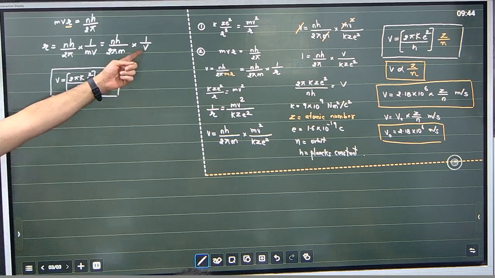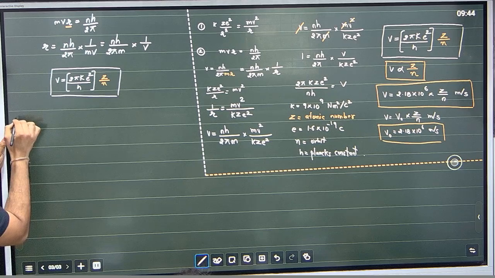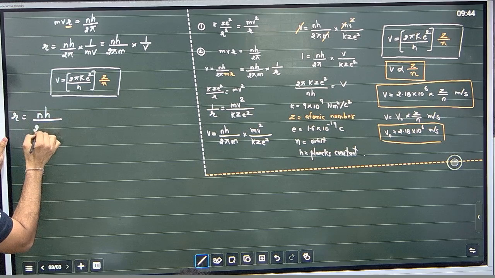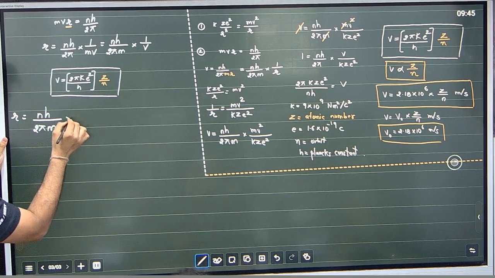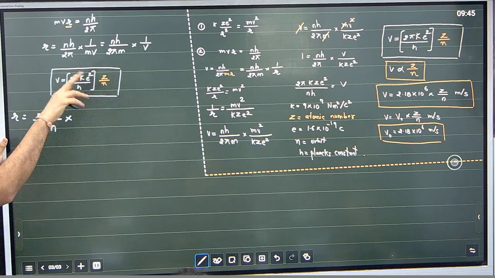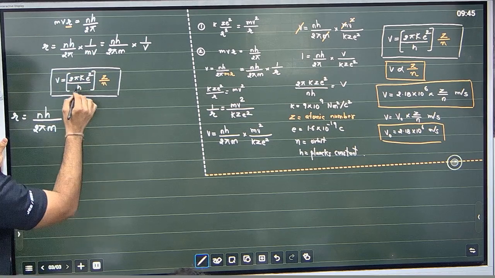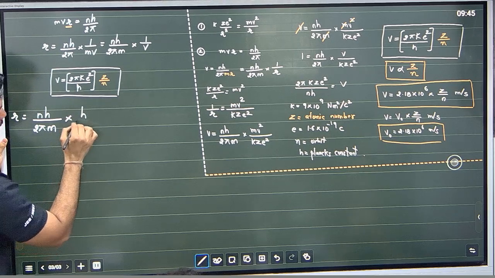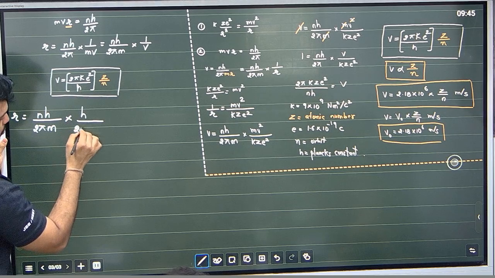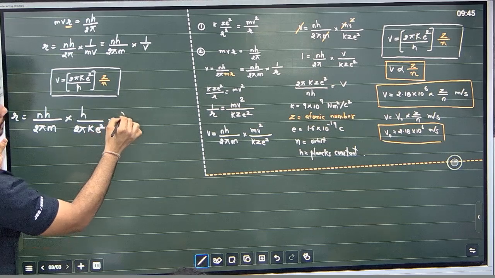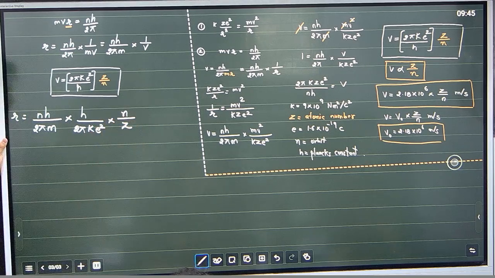Substitute the expression for V over here. What do you get? R is equal to nh upon 2 pi m into, H by 2K. It is 1 upon V, so everything will become its reciprocal: the H in the denominator will go to the numerator, H upon 2 pi K E squared into n over Z. Anyone who did not get that?